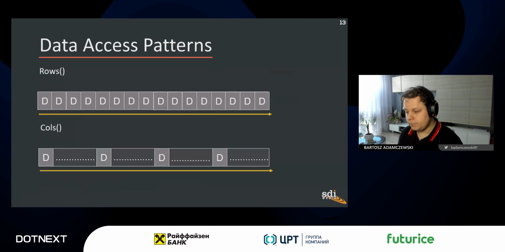Going back to that example, if we look at data access patterns, in the rows example, we just load up a row and increment the values of that row. Whereas in the columns version, we load the first value of a column, then we have to drop that row, get the next one, and so on, right?